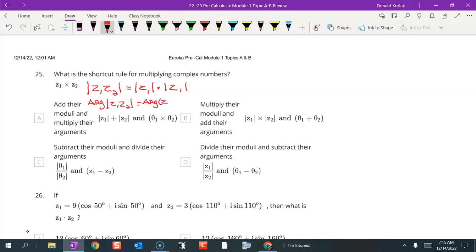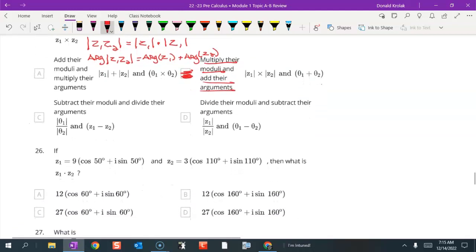So the argument of z1 plus the argument of z2. All right, so I'm going to multiply the moduli, right here, and I'm going to add the arguments.